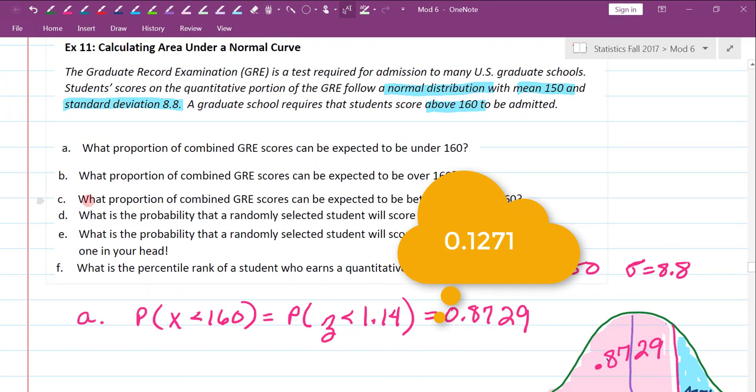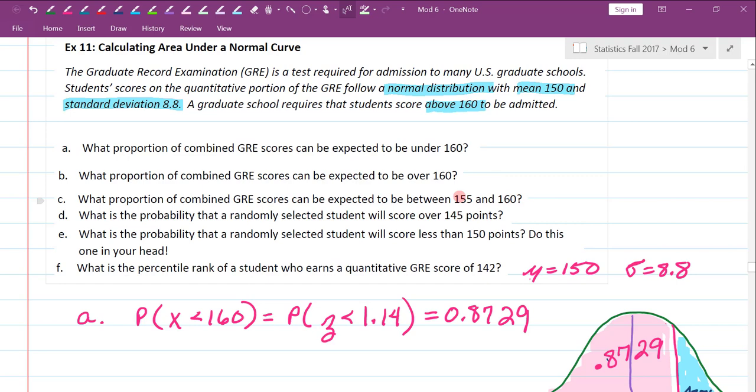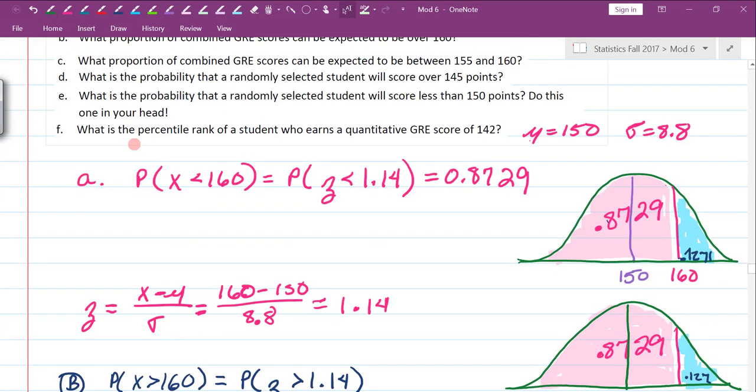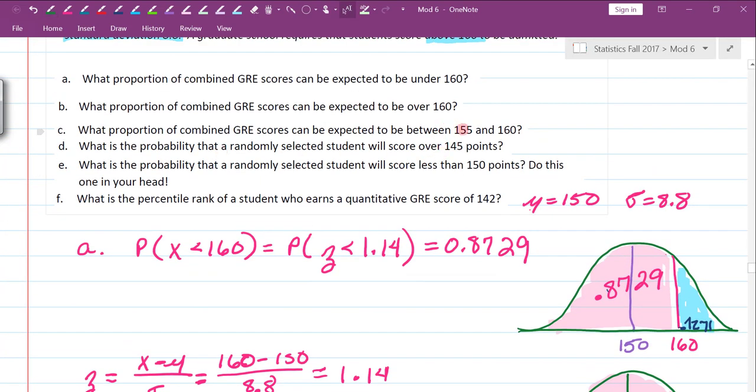Let's look at part C. Part C says, what proportion of the combined GRE scores can be expected to be between 150 and 160? Okay, so part C says, what is the probability that we have a score between 155 and 160?